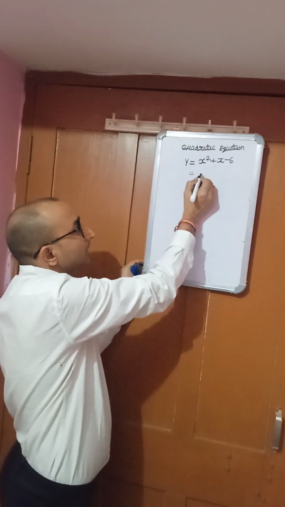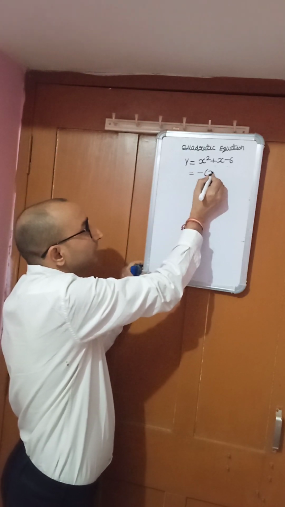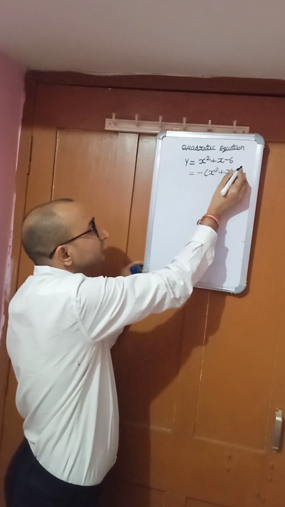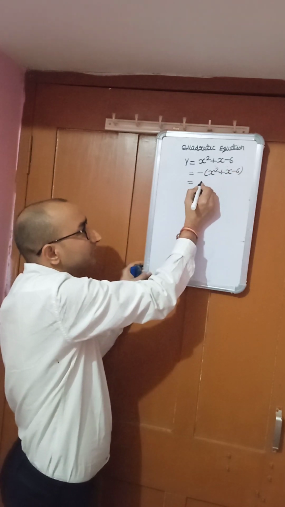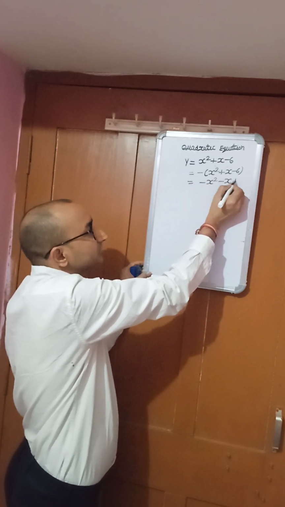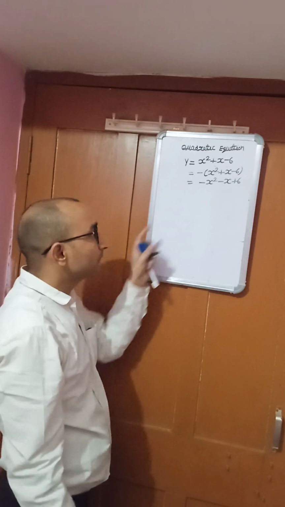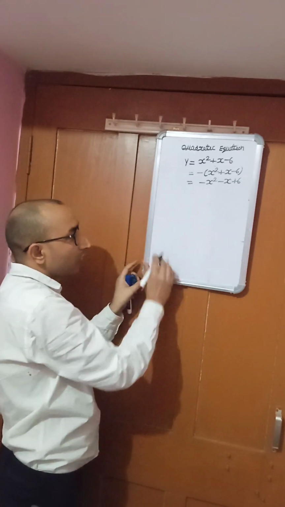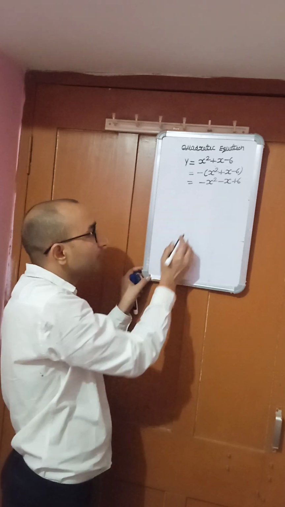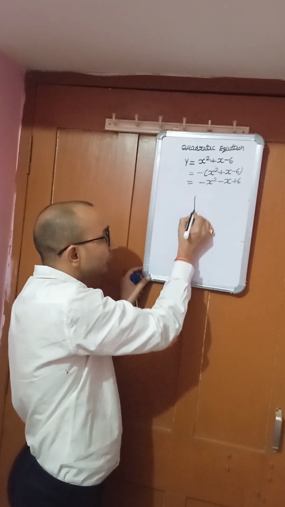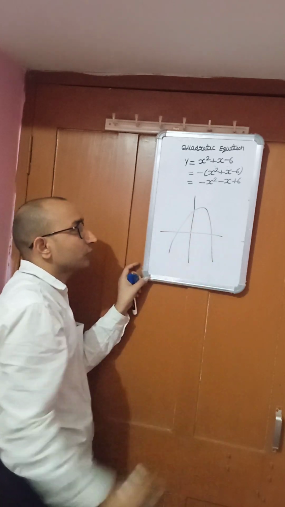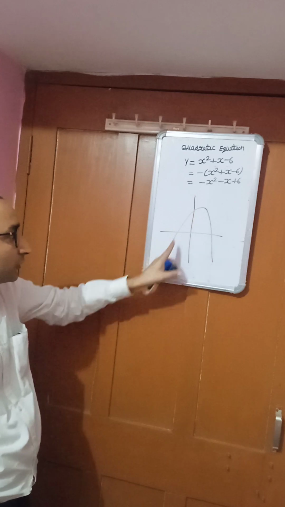If we multiply x square plus x minus 6, then this is here minus x square minus x plus 6, and if we plot the values of x and y on the graph paper and draw the parabola, such types of parabola will be drawn in this way.